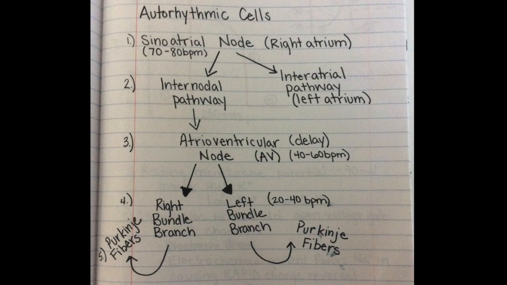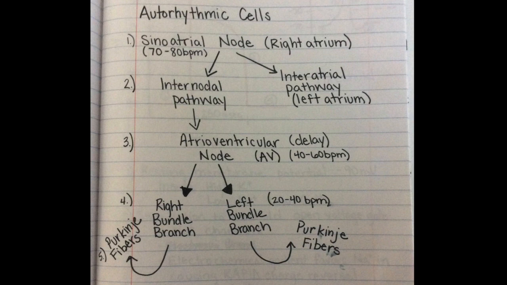The autorhythmic cell with the fastest rate of depolarization controls the heart rate of the rest of the tissues. If the sinoatrial node depolarizes, that depolarization will spread to all other autorhythmic cells, interrupting their normal rate of depolarization.